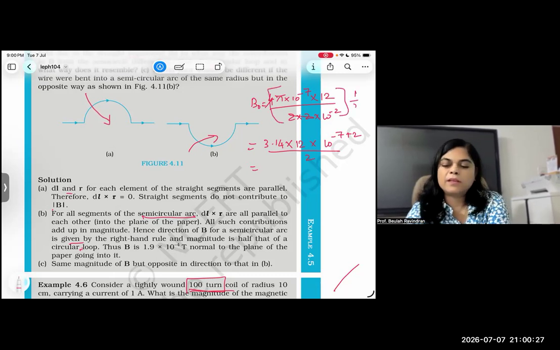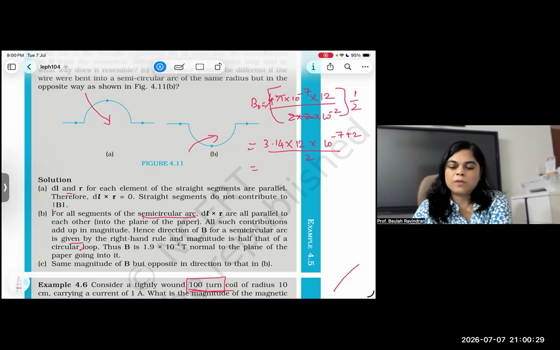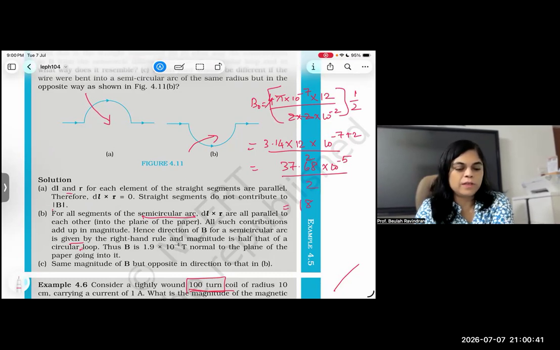Okay. And then what it will be now? 37.68 into 10 to the power of minus 5 divided by 2. It will give 18.84 times 10 power minus 5.